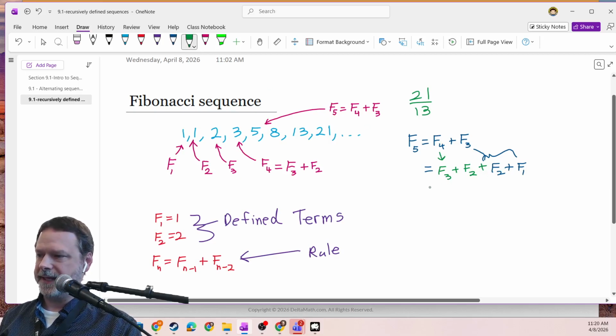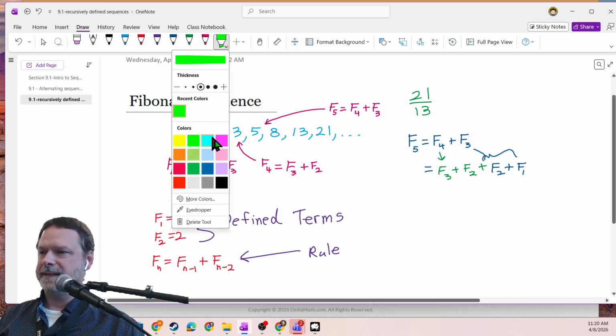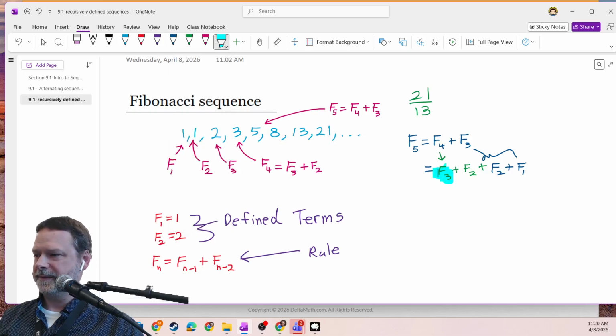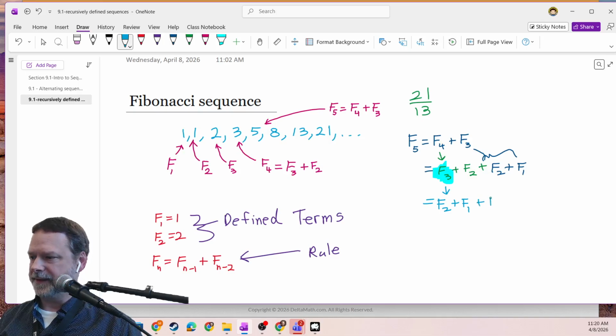But F sub 3, I need to rewrite. So let's rewrite F sub 3. F sub 3 is going to be rewritten as F sub 2 plus F sub 1. And then I got plus F sub 2 plus F sub 1.